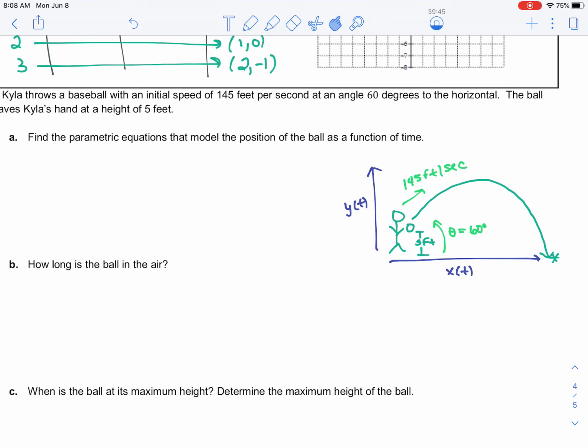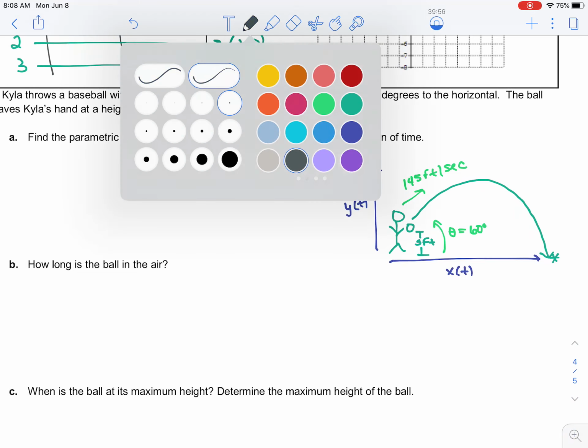We're asked in part A to find the parametric equations that model the position of the ball as a function of time. Okay, so we're going to utilize those functions from our notes above.